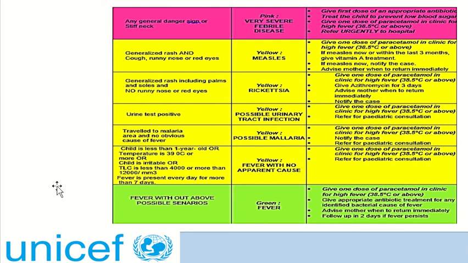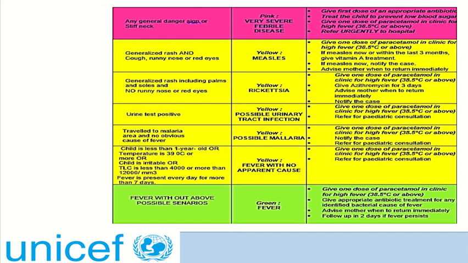If the child is classified as possible urinary tract infection, we give 1 dose of paracetamol in the clinic for high fever and refer the case to the pediatrician. But if you can work with the case, you can manage according to your experience.